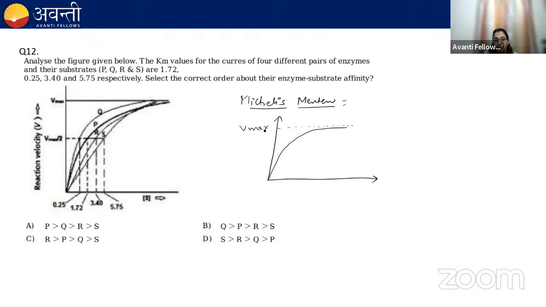This is the point where the velocity is maximum. The x-axis shows the substrate, and the y-axis shows the velocity or the rate of the reaction. But it is up to a certain limit. If you keep on adding substrate to the solution, the rate of the reaction won't increase because the enzymes are already saturated.